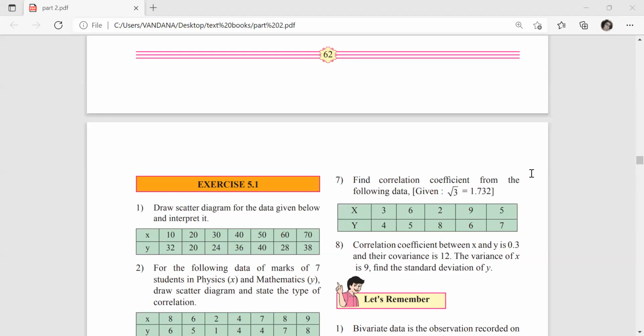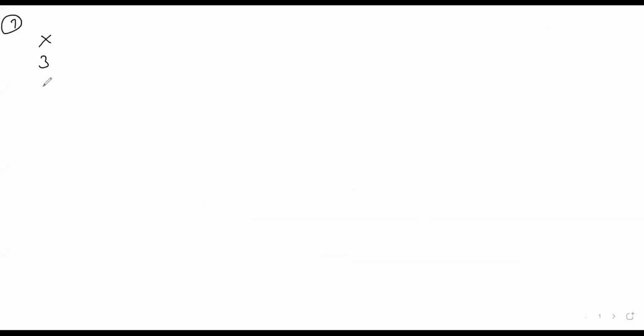Question 7, find correlation coefficient from the following data. X is 3, 6, 2, 9, 5. Y is 4, 5, 8, 6, 7. Actually earlier there used to be ungrouped and grouped data as well, now they have removed that. Now what is the correlation coefficient formula when X and Y are given and they are comparatively small?